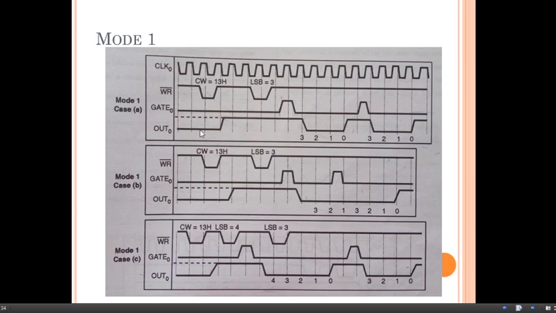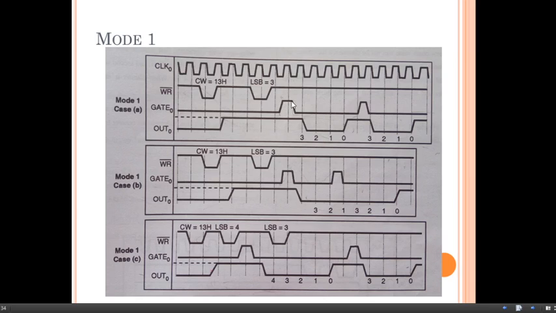Initially our output is active low, but once the counter is initialized, our output goes high. The output remains high until the trigger is provided by the gate signal. So the gate signal is acting as a trigger.